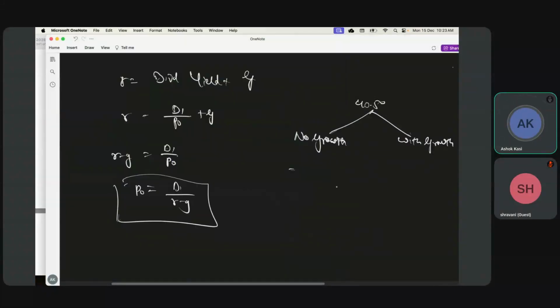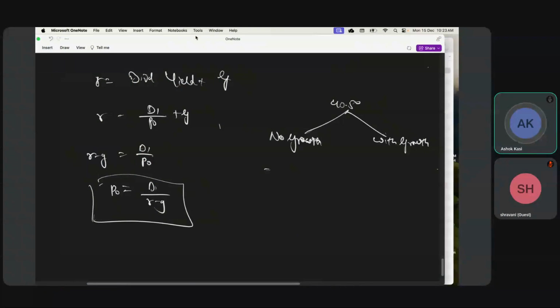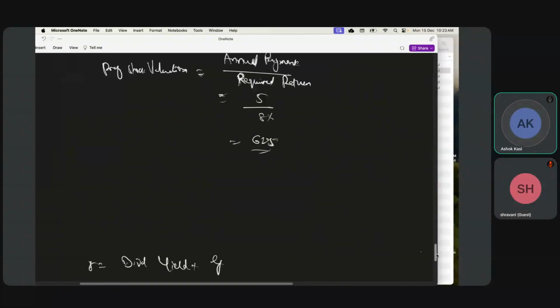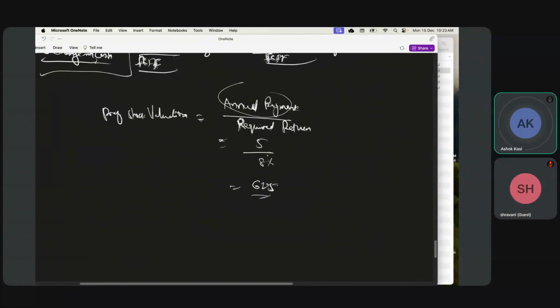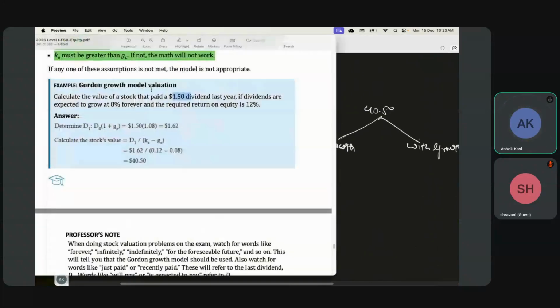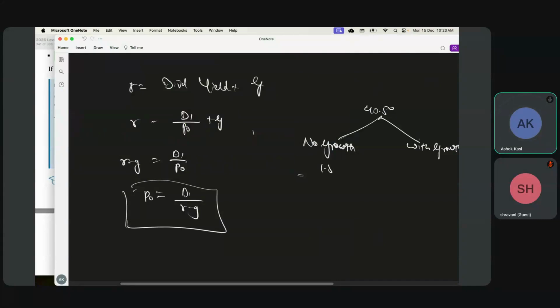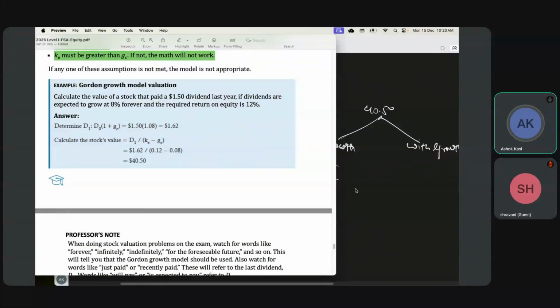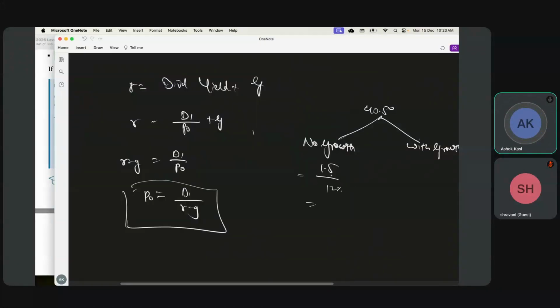No growth means annual payment. The same way, they paid 1.50 and it was not growing, divided by required return 12%. Just calculate this. 12.5.